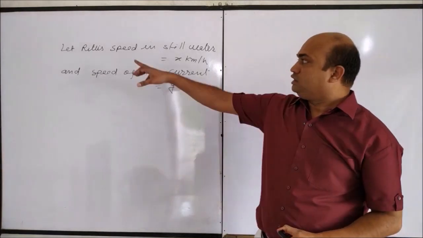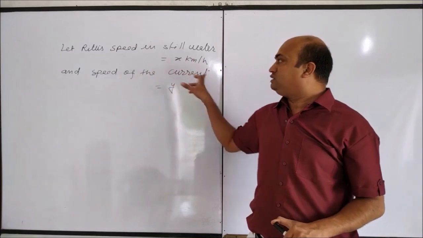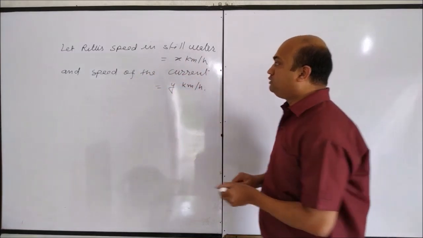We consider Ritu's speed in still water is equal to x km per hour and speed of the current y km per hour.